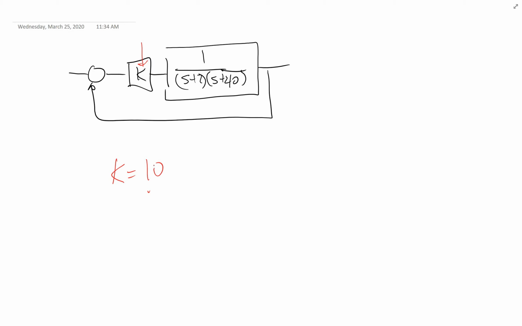Knowing that K is equal to 10, you would do your block diagram algebra and come out with a closed loop transfer function and determine whether your closed loop poles can be eliminated or not, and then proceed from there as to writing a reduced order model.